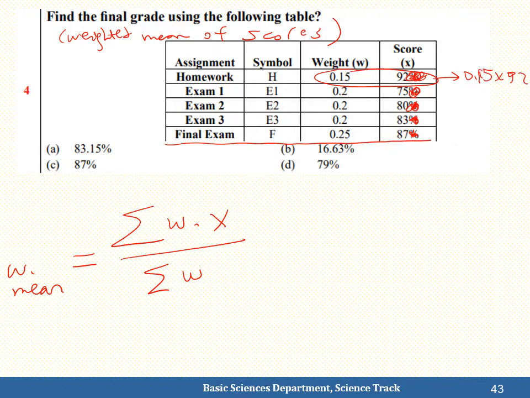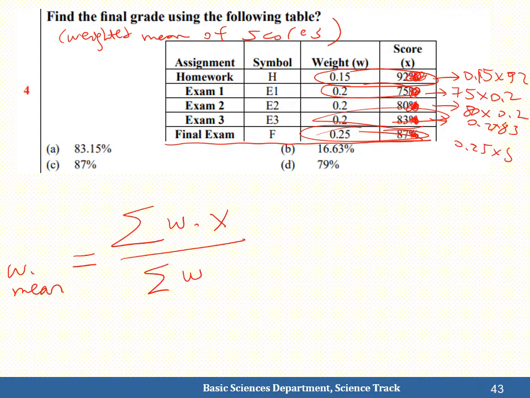You multiply 75 times 0.2, and here 80 times 0.2, or 0.2 times 83, and 0.25 times 87. You multiply them and add all of them.